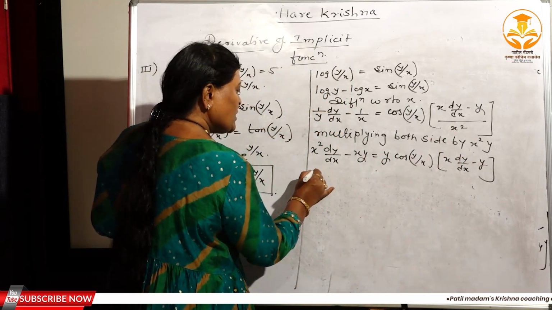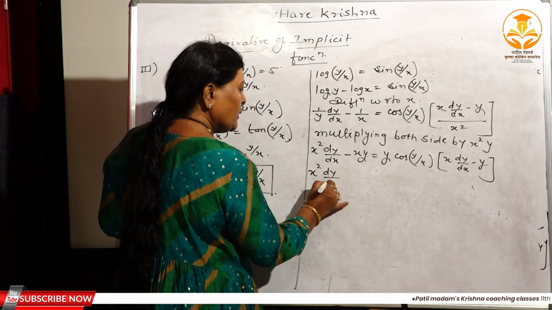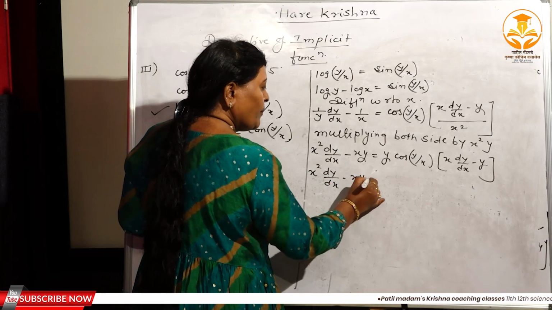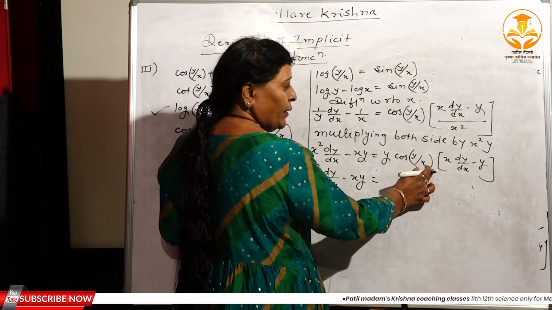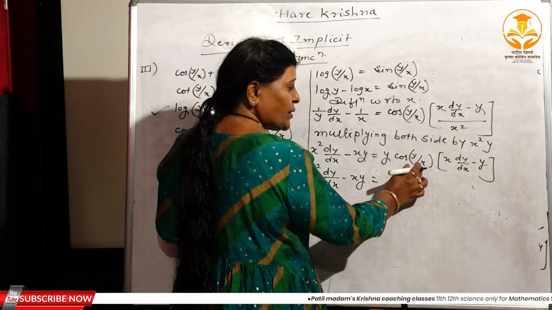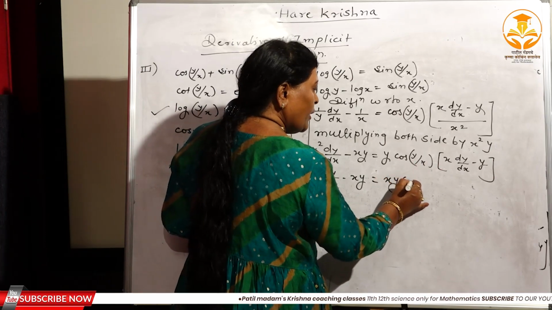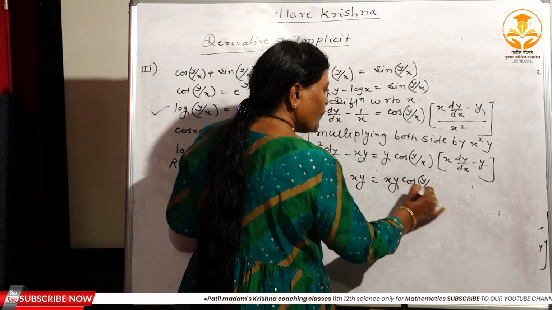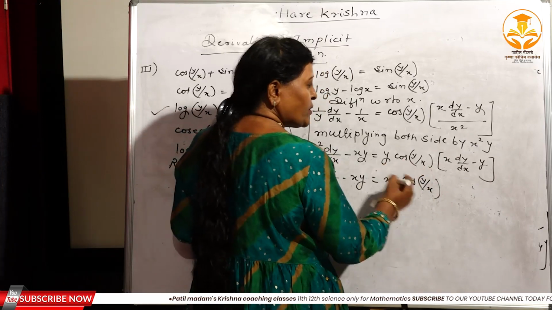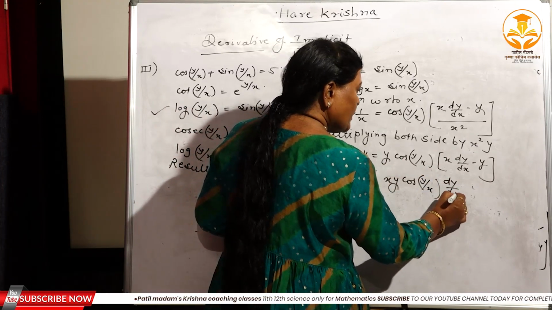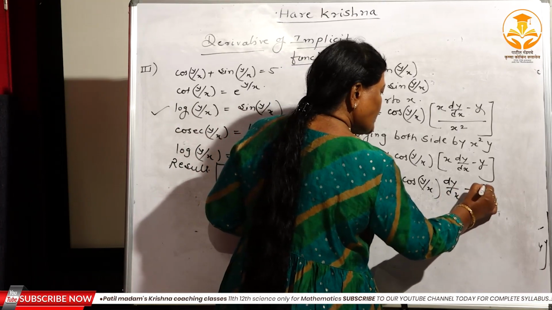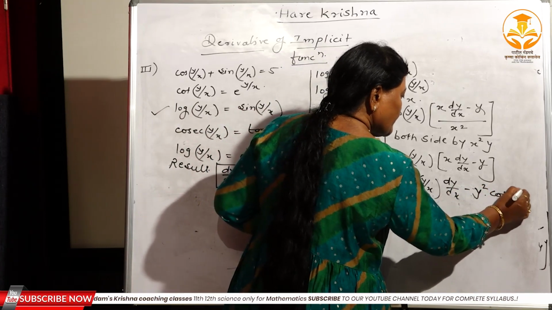Now again, x square dy by dx minus xy. Here you can multiply this term, that is y cos of y by x, to this bracket and open the bracket: xy cos y by x dy by dx, and here again you have got y square cos y by x.